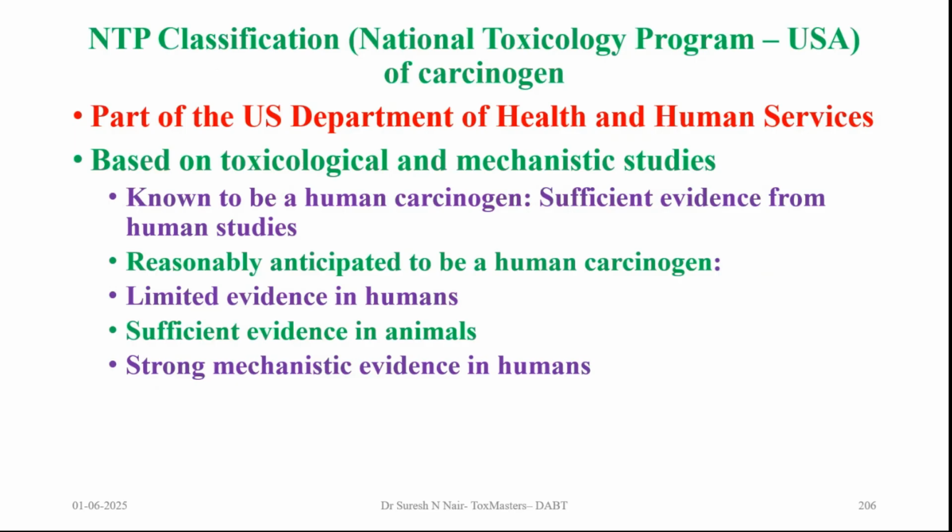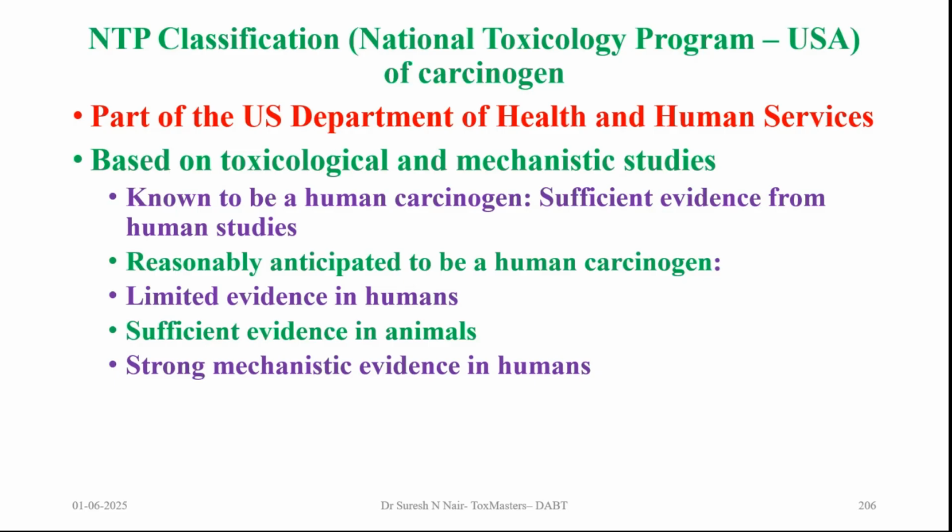Then the next one is the NTP classification, the National Toxicology Program classification, part of the US Department of Health, based on toxicological and mechanistic studies. Their groups are: known to be a human carcinogen, that is a proven carcinogen, with sufficient evidence from human studies itself. The second class is reasonably anticipated to be a human carcinogen.